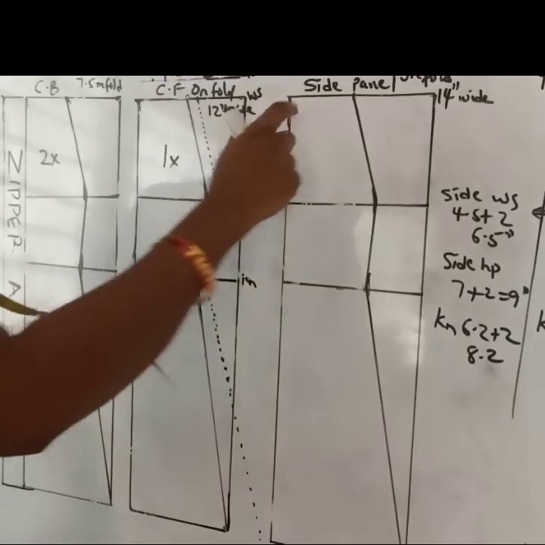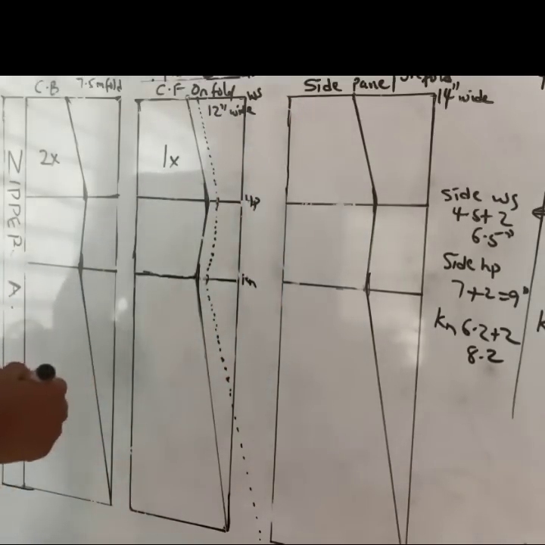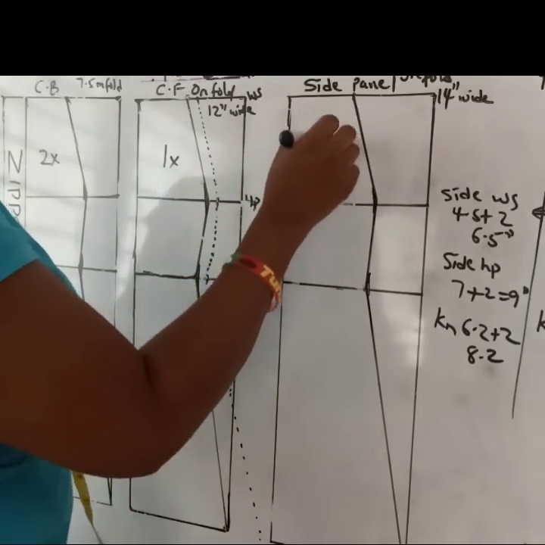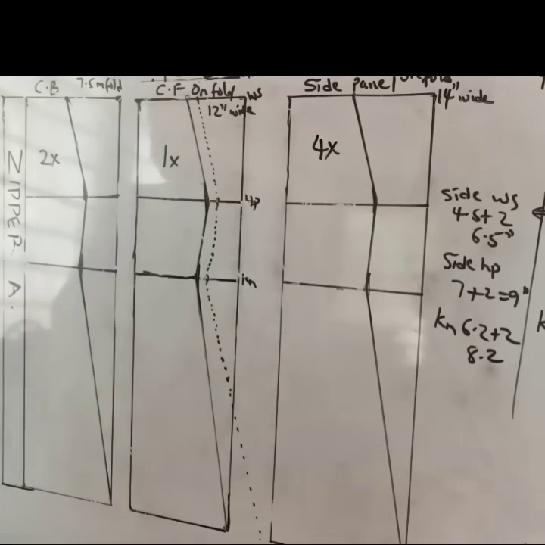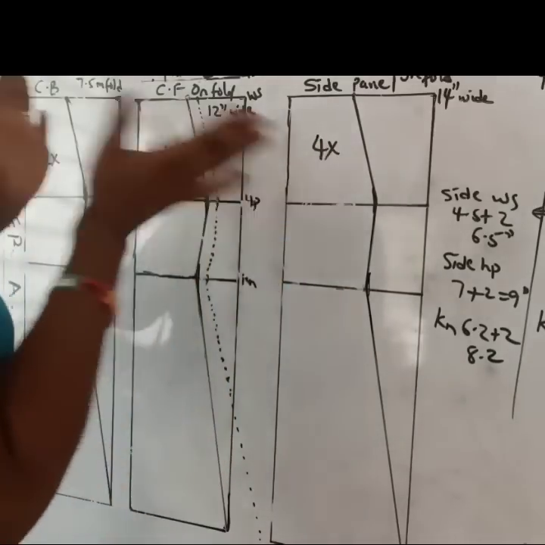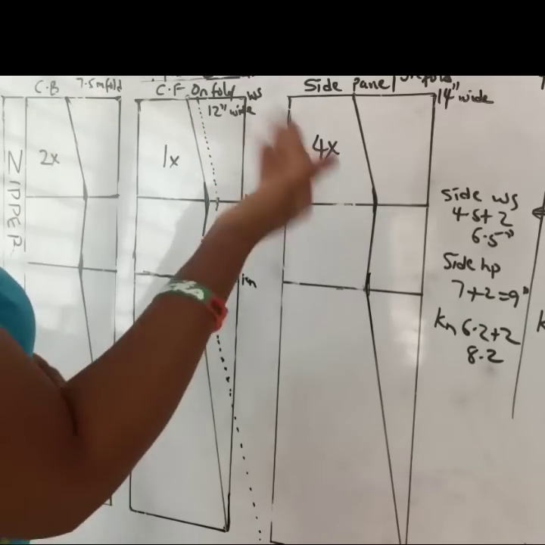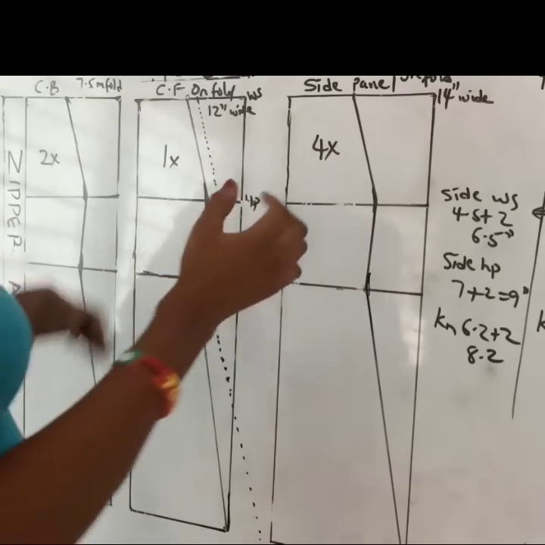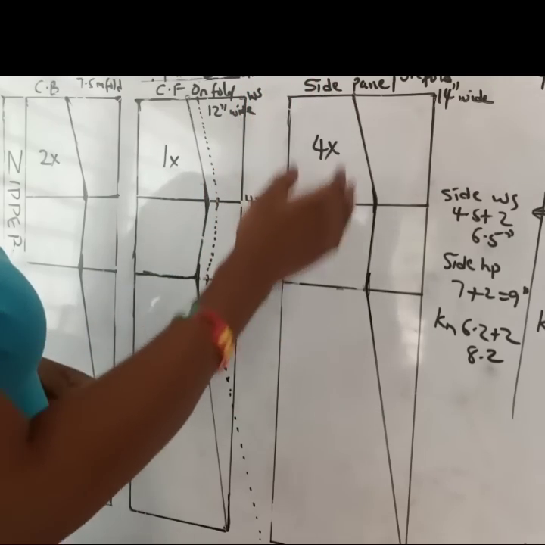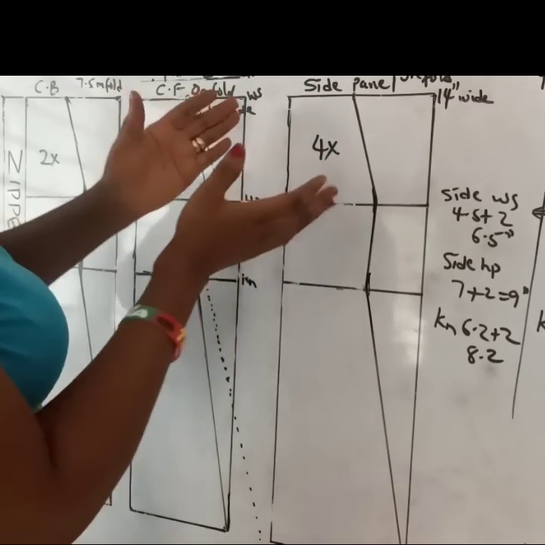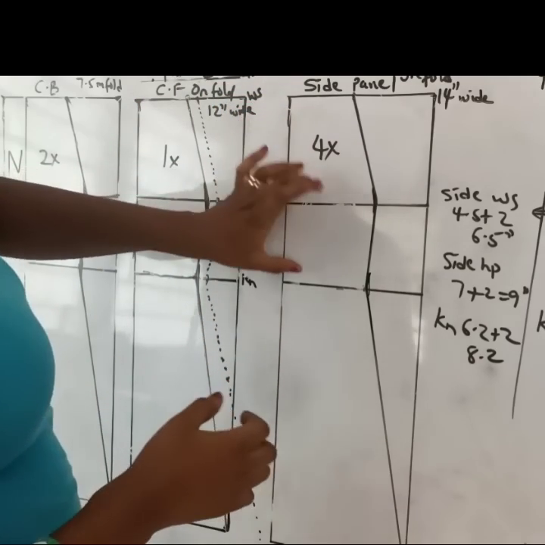So when you are cutting this side panel, you are going to be cutting 4: 2 for the front and 2 for the back. So you can cut it twice. You fold your fabric and cut. By the time you fold your fabric into 2 and cut, it means that you're going to have 4 of this.